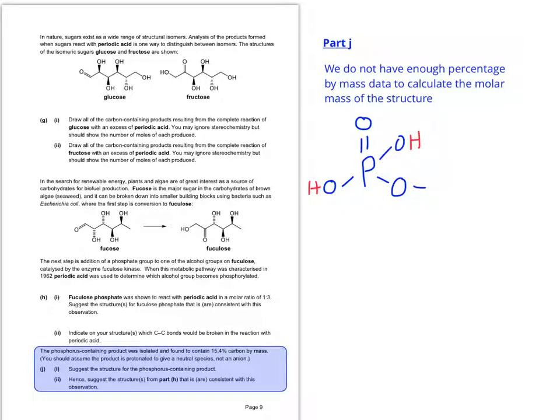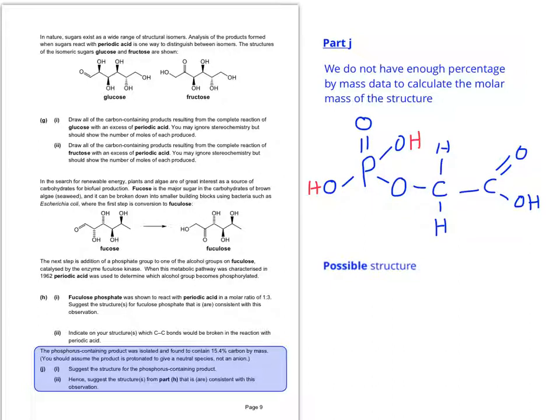The question tells you it's fully protonated, so we need to put protons onto those O minuses. The product of full oxidation of a primary alcohol on the end of fuculose would be, the aldehyde, beg your pardon, that will be left behind when the OH on the right hand side of fuculose is oxidized, in the end is COOH.